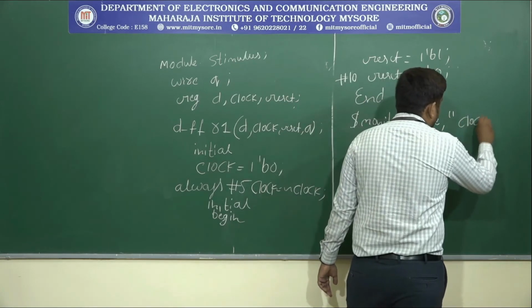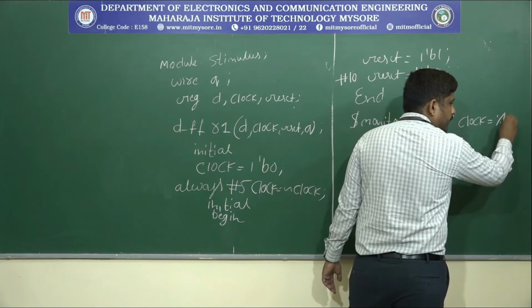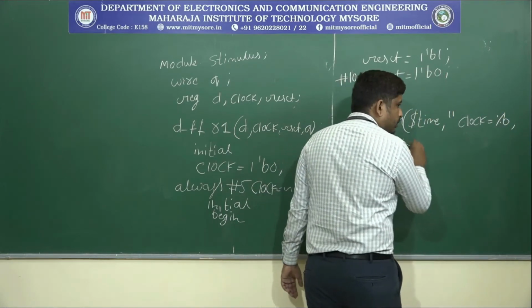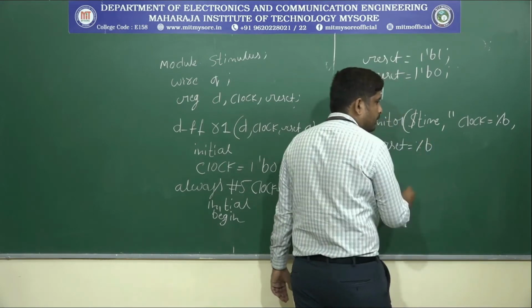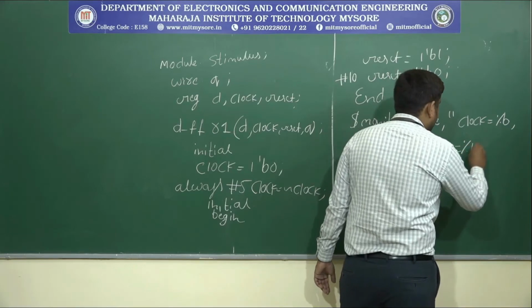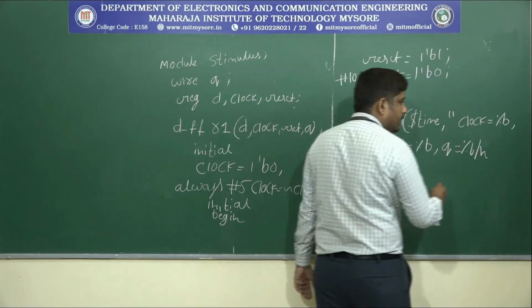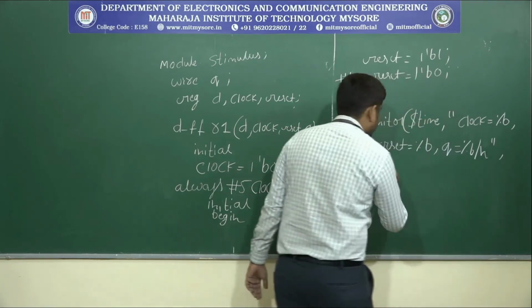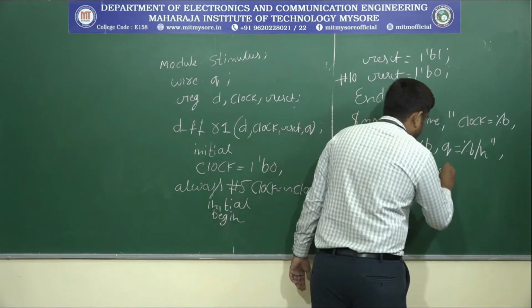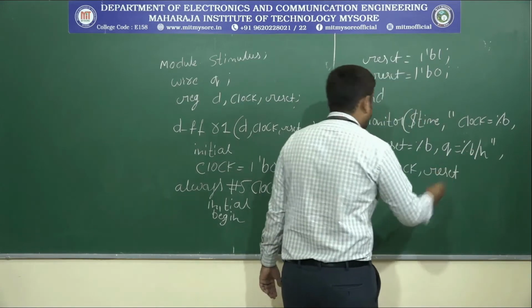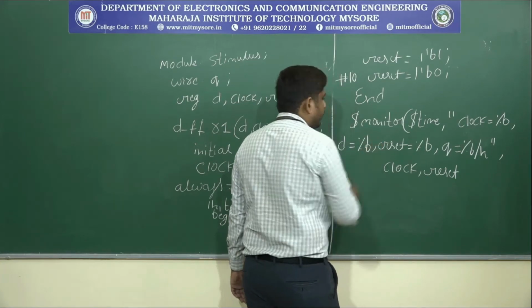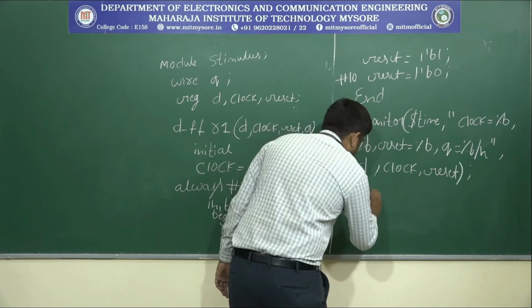So clock is equal to %b, then comma, reset is equal to %b, then Q is equal to %b\n, which indicates a new line, then comma, then clock and reset. One more is there, that is D is equal to %b. Okay, then end module.